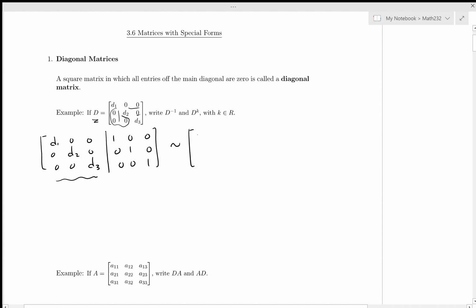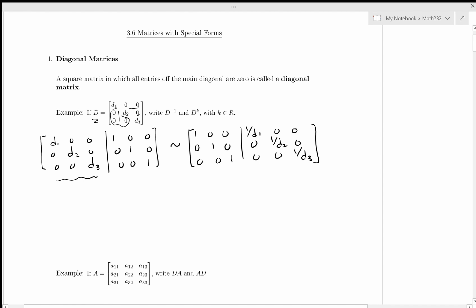I'm going to divide row 1 by D1. I'm going to divide row 2 by D2. Row 3, I'm going to divide by D3. There it is.